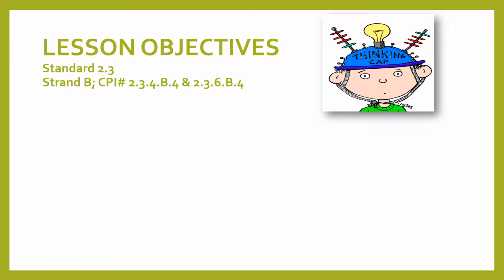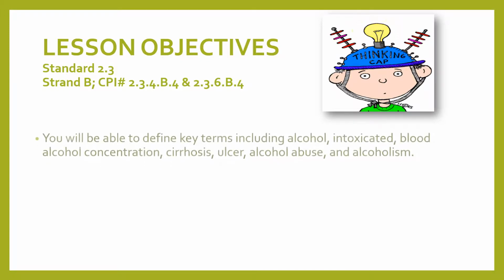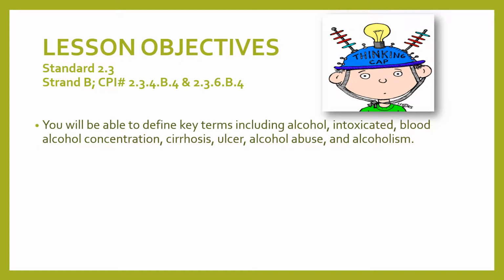Our objectives for this lesson include: you should be able to identify key terms including alcohol, intoxicated, blood alcohol concentration, cirrhosis, ulcer, alcohol abuse, and alcoholism. You will identify at least 4 dangers of using alcohol.